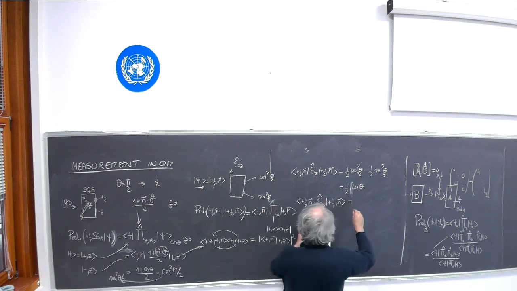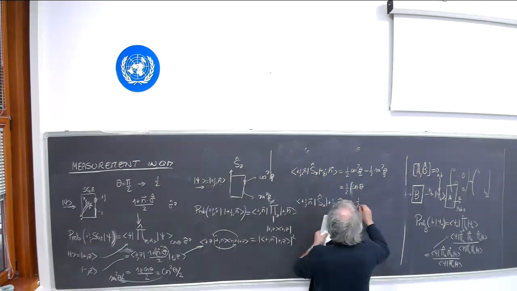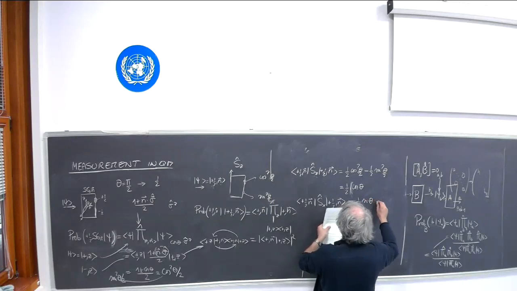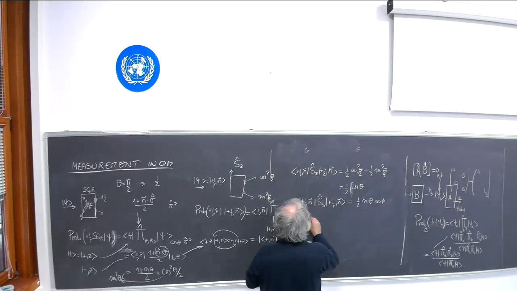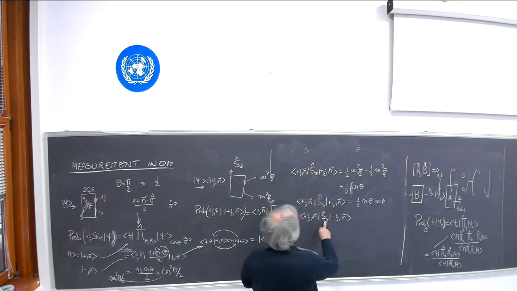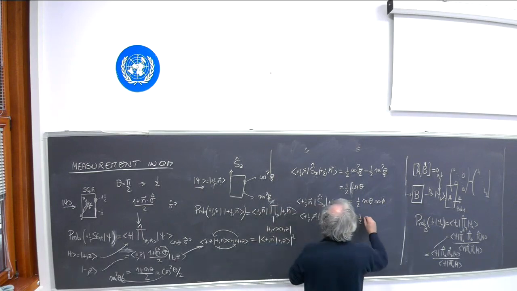What you get is 1/2 sine theta, the cosine theta. And if you measure similarly, these are exercises I ask you to do, the expected value of y is equal to 1/2 sine theta sine theta.